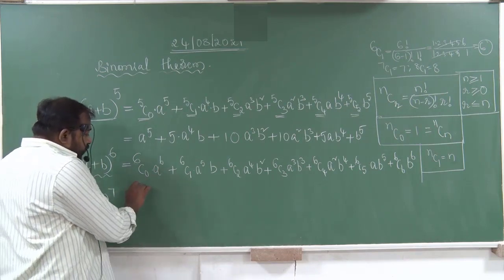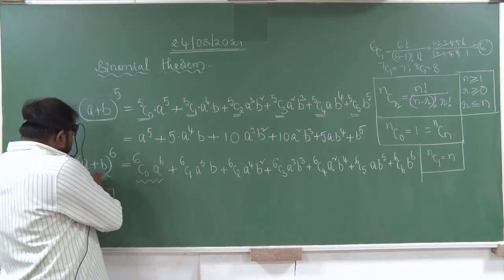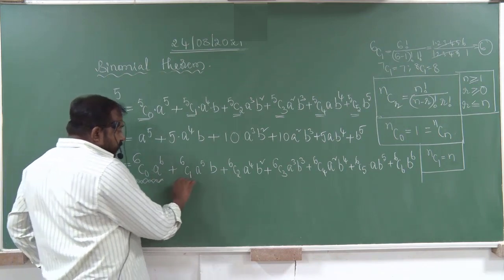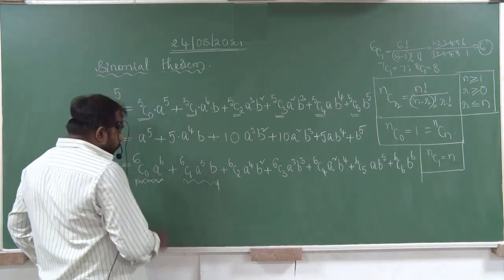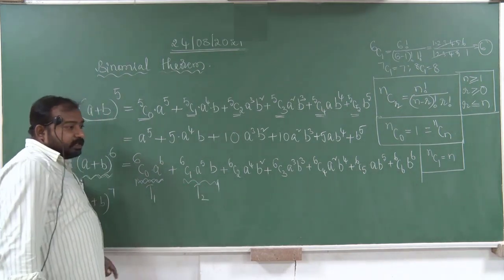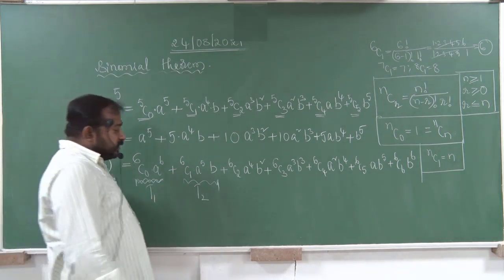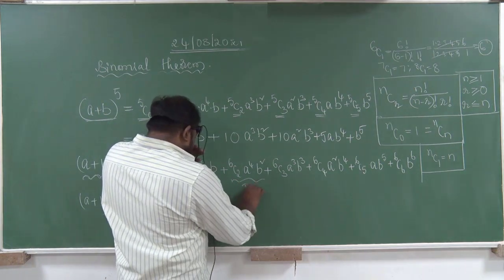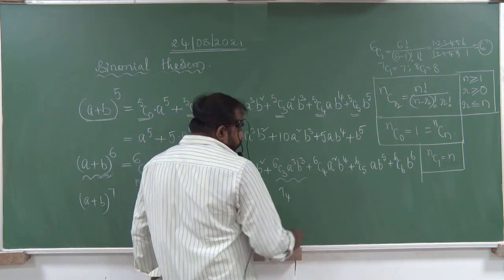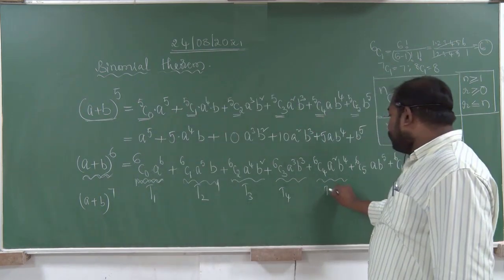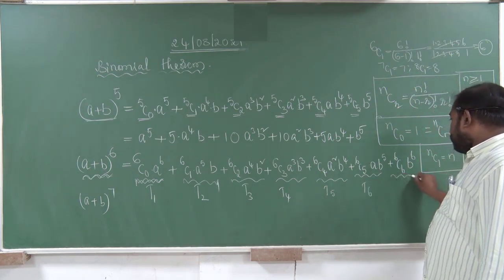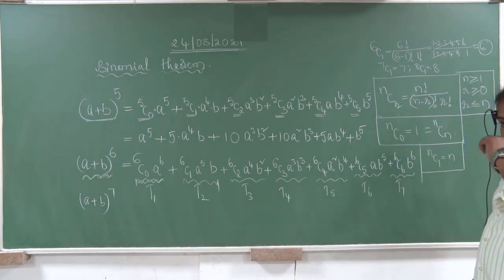If you observe (a plus b) whole power 6, this is the first term T1, this is the second term T2, next the third term, the fourth term, the fifth term, the sixth term, and this is the seventh term.